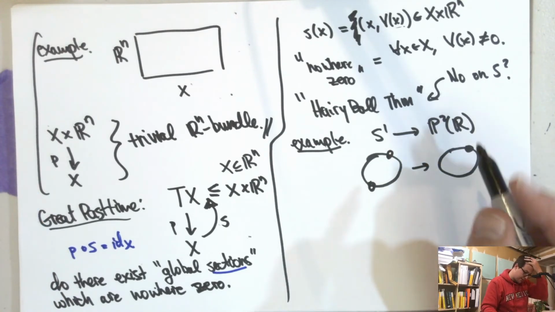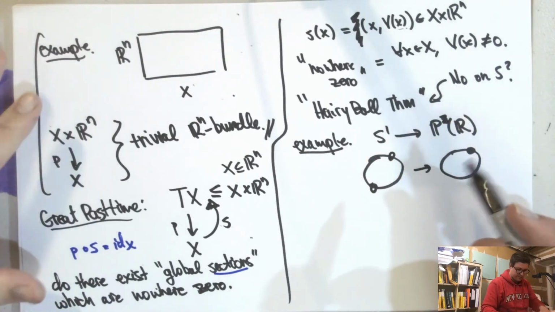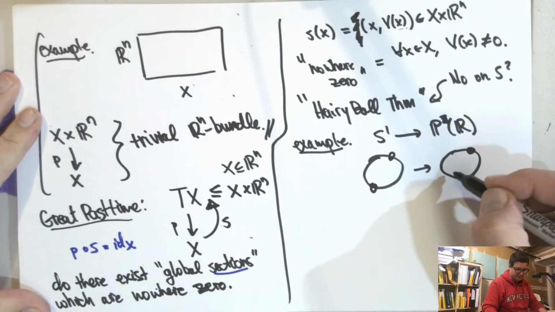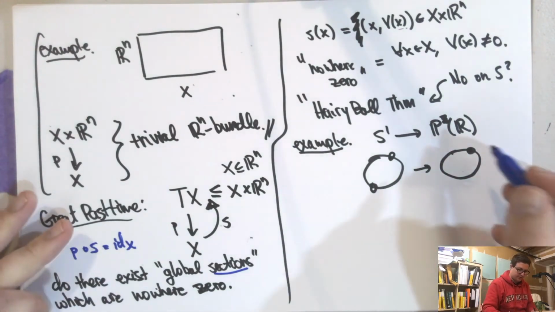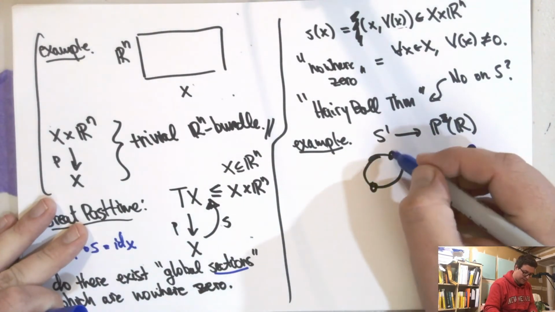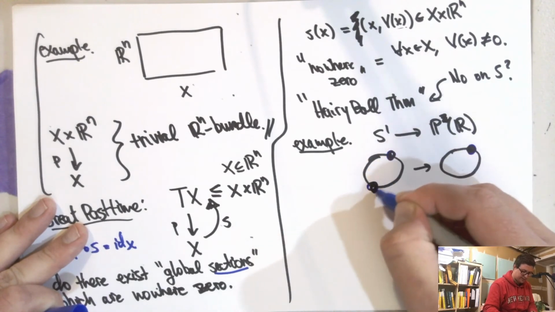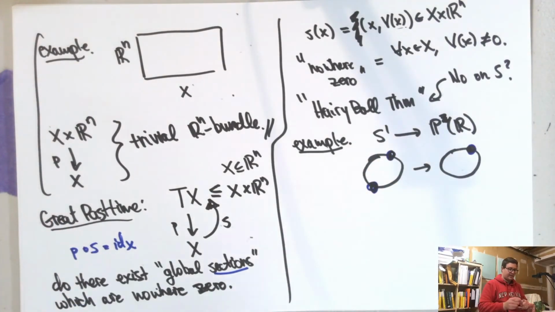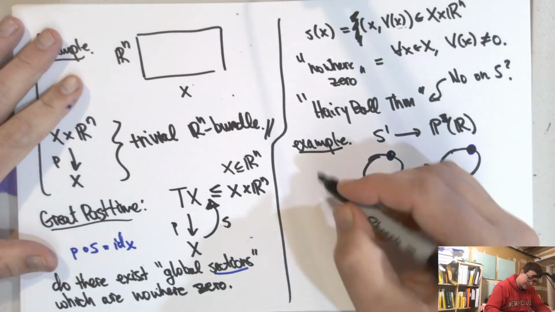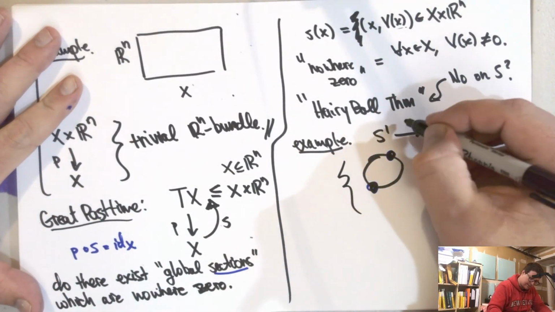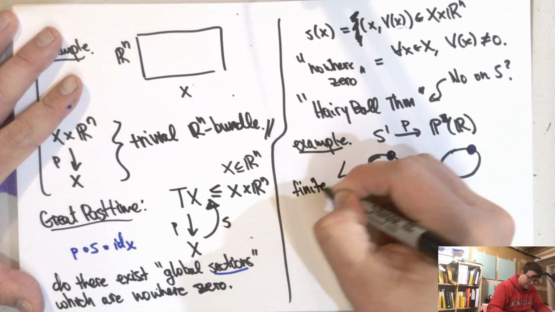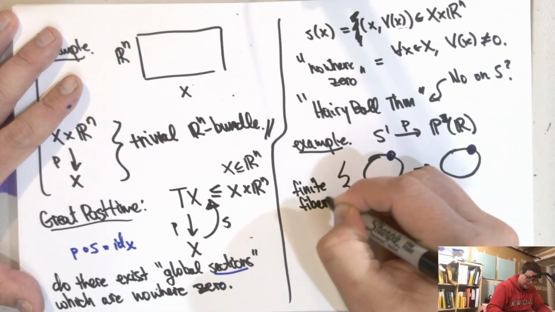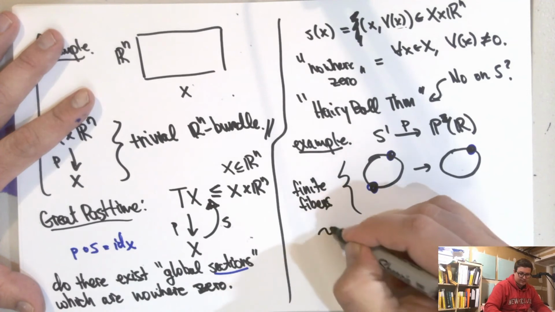If I take a single point here, it gets mapped into 2 points here. So this map has finite fibers, and this is an example of what's called a covering map.